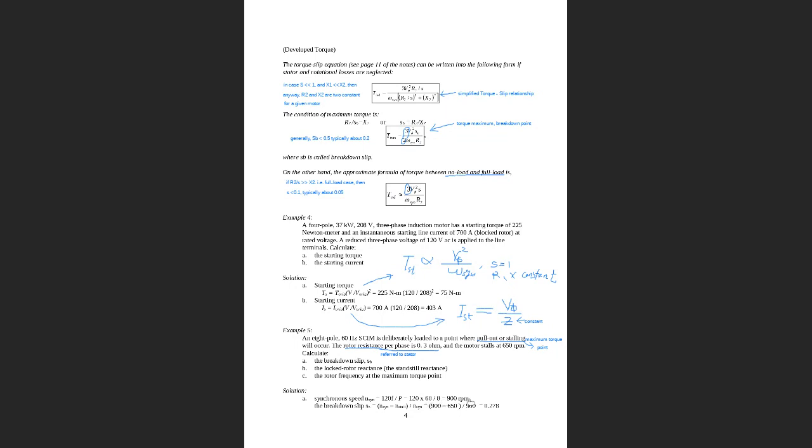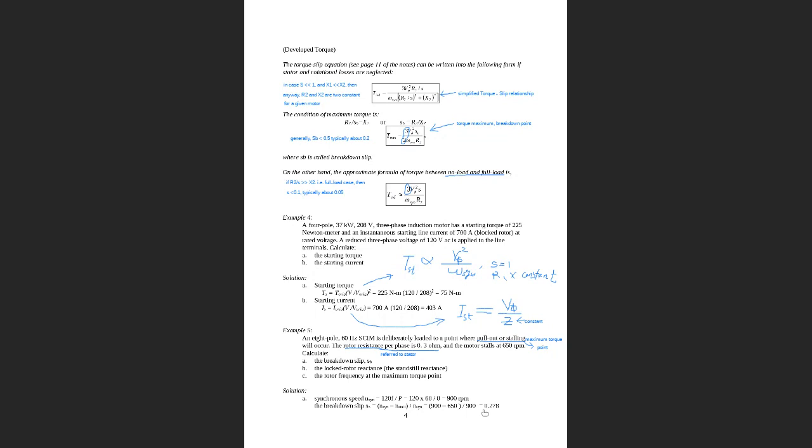That's 900 rotations per minute. So now, at the moment the motor has the maximum torque, the slip, that is the breakdown slip, is the synchronous speed minus the motor speed, over the synchronous speed, which can be found out.